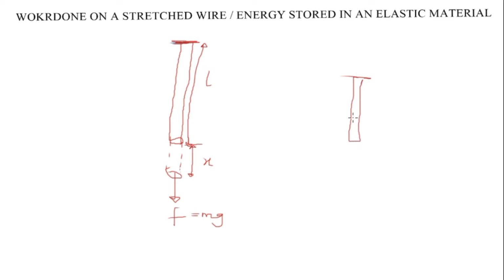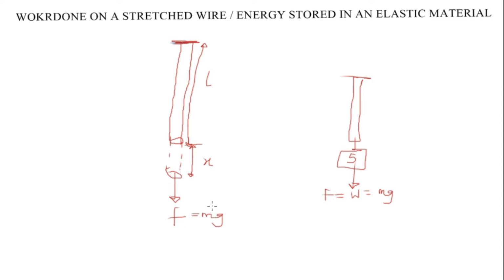Maybe this is the wire, then you may have a load here. If the load is 5 kg, the acceleration due to gravity will also help it. So the weight will eventually be measured instead of the force, which is mg. And that's why F is equal to mg in this case.